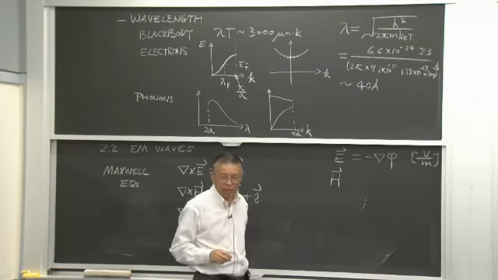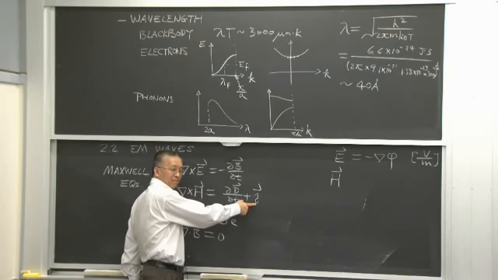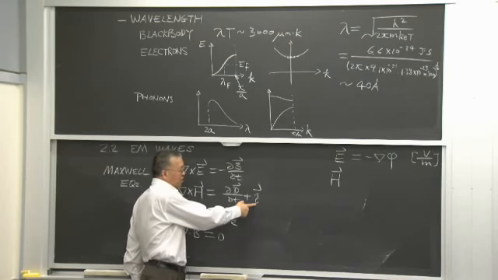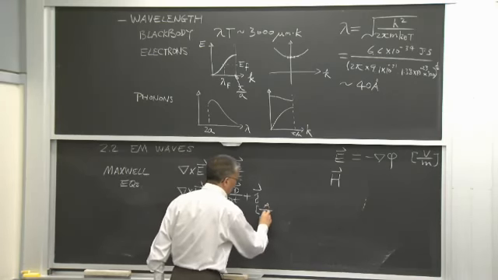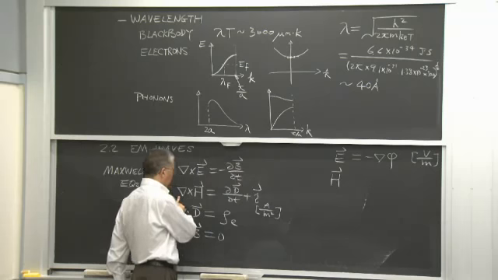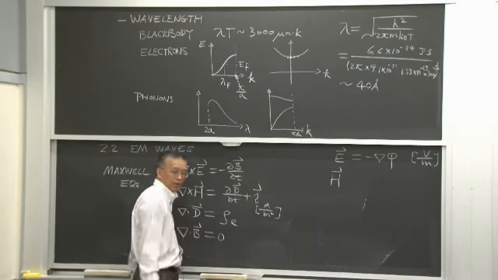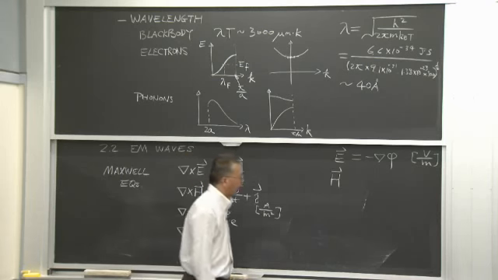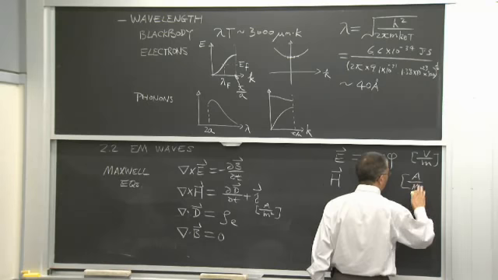Sometimes I don't remember the unit, so I go back to think of this. Current density I know, right? Current density is amp per meter square. Times 1 meter, that gives me the magnetic field is amp per meter.